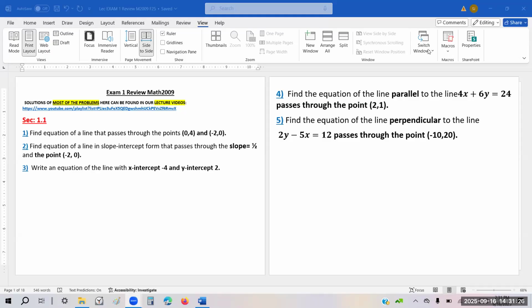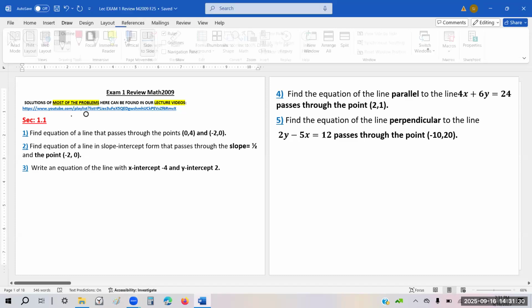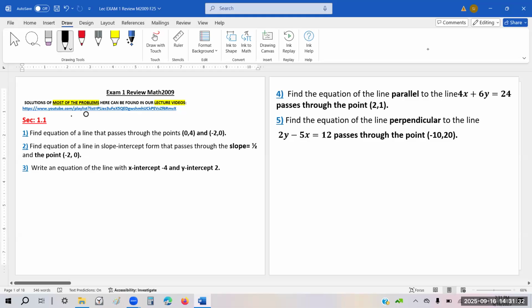Section 1.1, from question 1 to 3, I'll give you one of these.